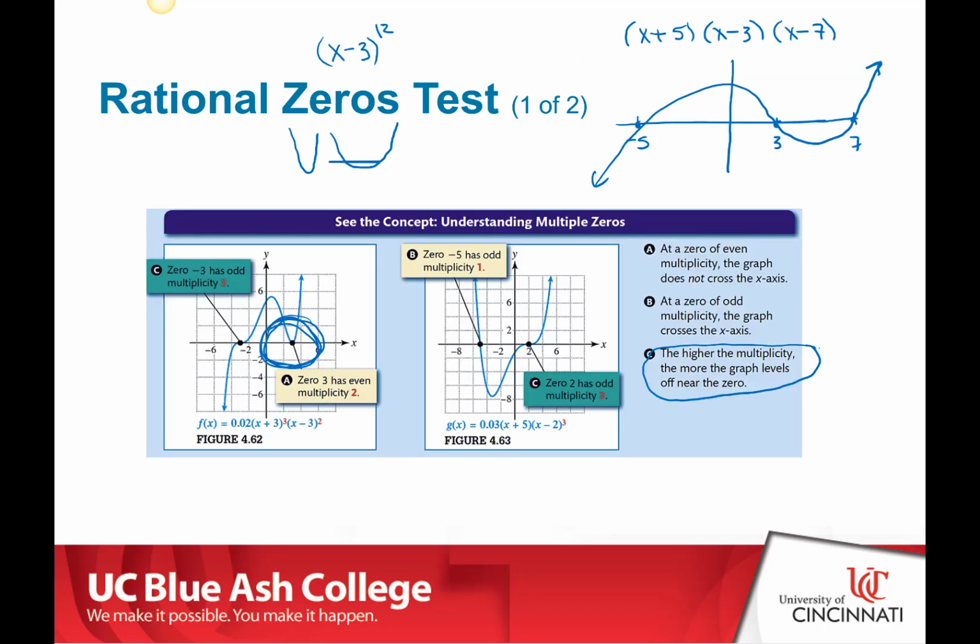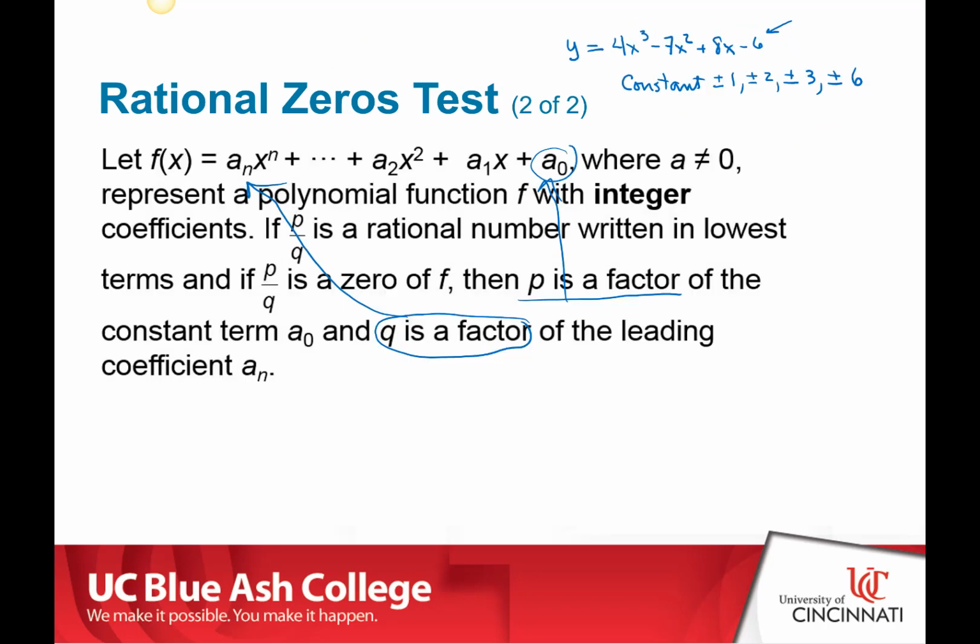Then for our lead coefficient, we want the factors of 4. Well, that's going to be plus or minus 1, plus or minus 2, plus or minus 4. Okay. Now what do we do? Well, we mix and match all the possibilities.